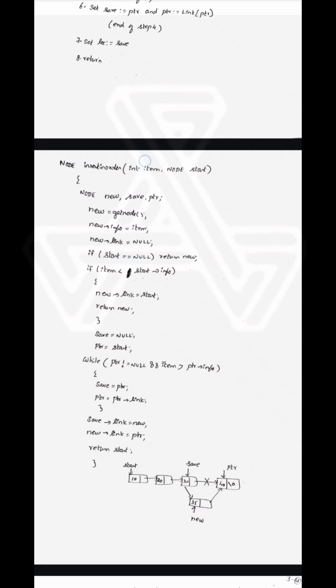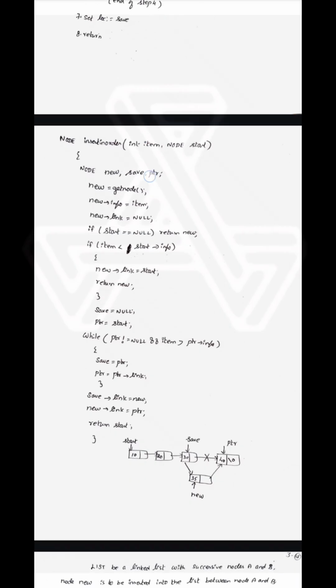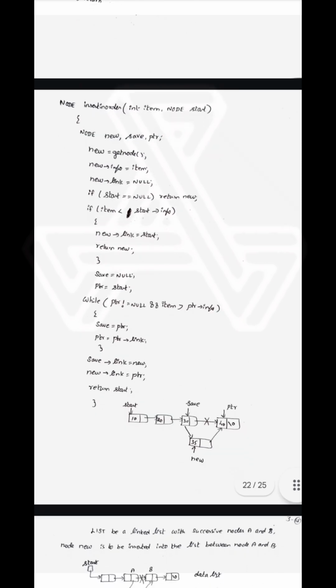So then if start equals null, return new. Then if item is less than or equal to start info, then we have to insert it at the front. So new link equals start, then return new. If not, then save equals null. PTR equals start.